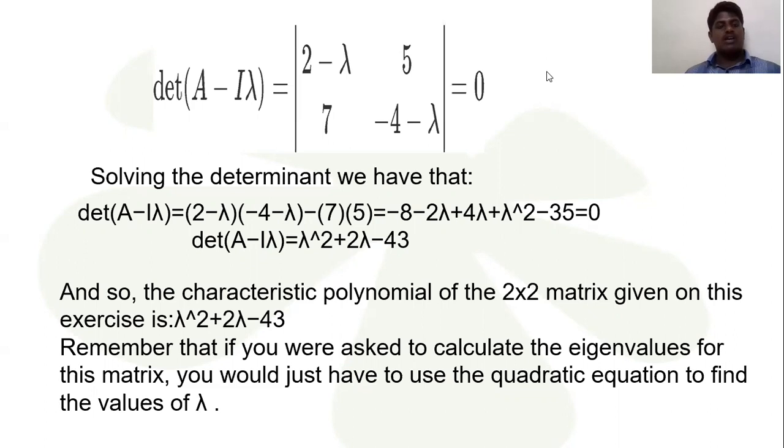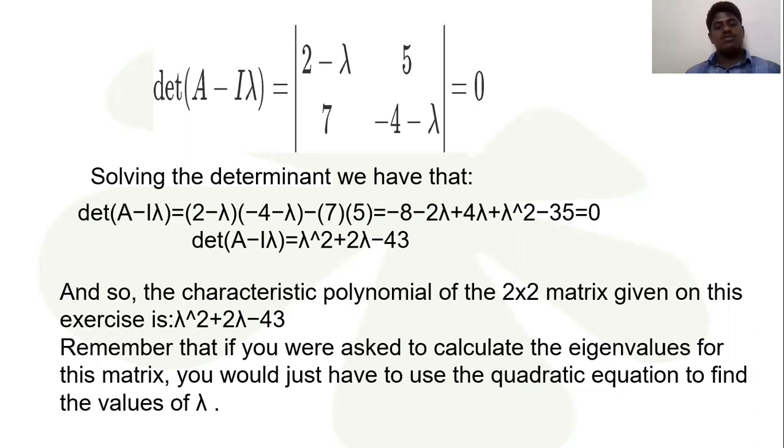Solving the determinant, we have that the determinant of A minus lambda I is 2 minus lambda times minus 4 minus lambda, minus 7 times 5, which equals minus 8 minus 2 lambda plus 4 lambda plus lambda square minus 35, equal to 0. So it equals lambda square plus 2 lambda minus 43. And so the characteristic polynomial of the 2 by 2 matrix in this exercise is lambda square plus 2 lambda minus 43.